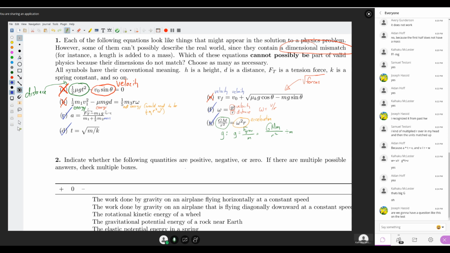Regardless, the skill of being able to look at something and know dimensionally what it is is a very valuable skill because it lets you check your work to see if you've made an algebraic mistake. I mentally do this as I'm working a physics problem, and if I ever get something that doesn't check out, I stop and I say, I know I've made a mistake. So you may or may not have a question like this on the exam, but regardless, it's a skill that will help you on the exam.